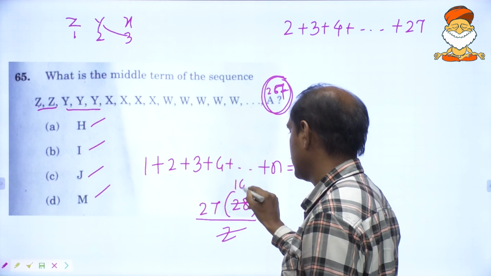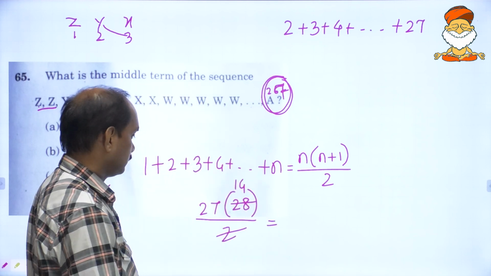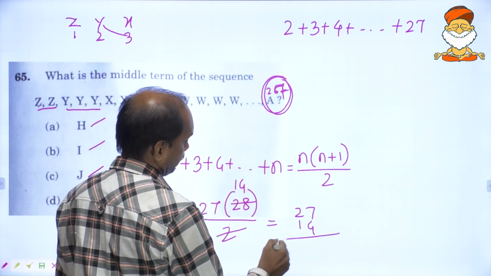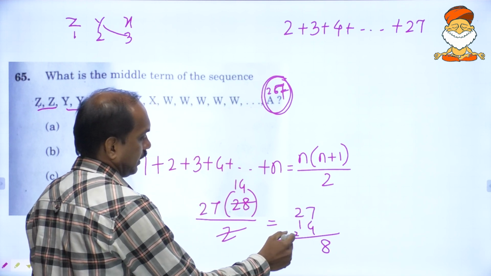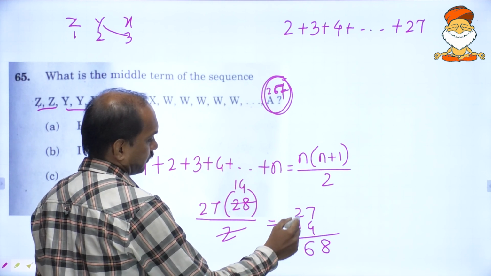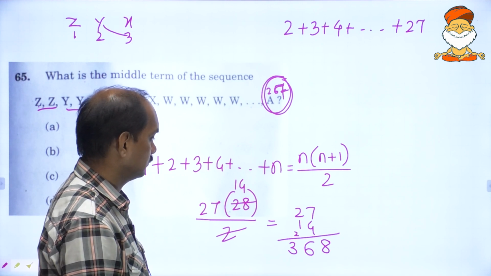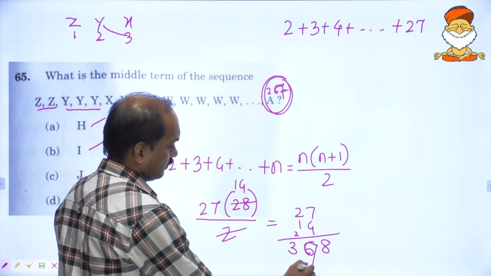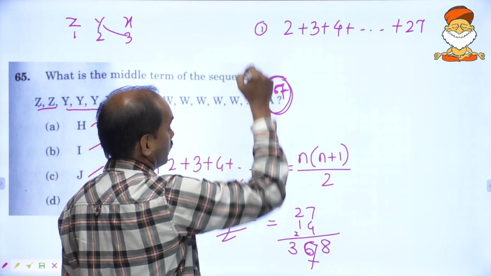2 ones are 2, so 14, right? Now 27 into 14, this is the final calculation. 7 4s are 28, 8, 15, 16, 378, but don't forget to subtract 1 because we have added it.